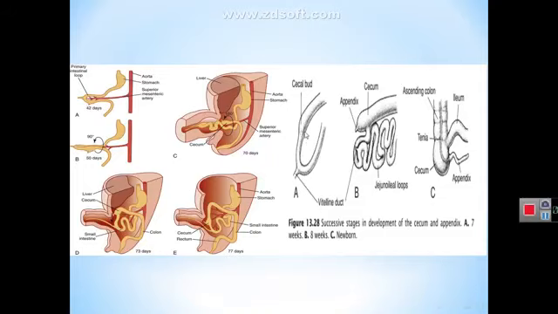So it is the last part of the gut to re-enter the abdominal cavity. The distal end of the cecum forms a narrow diverticulum, the appendix.